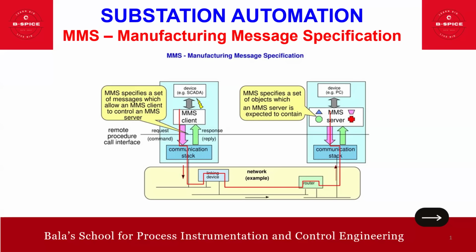PRP means parallel redundancy protocol. HSR means high availability seamless automation ring. These are concepts I'm going to bring in, and of course many more related to the new digital substation. Everything is going to be available for free. In this session, I'll focus on MMS, manufacturing message specification.